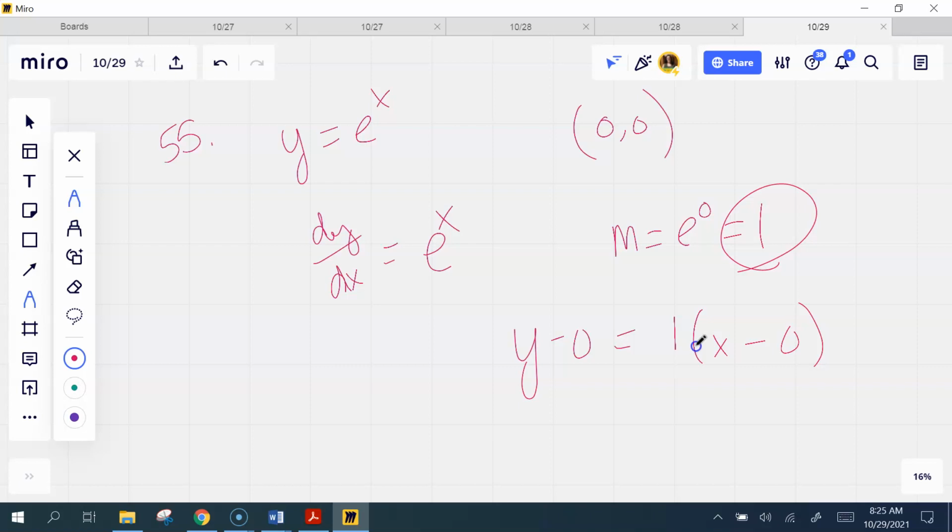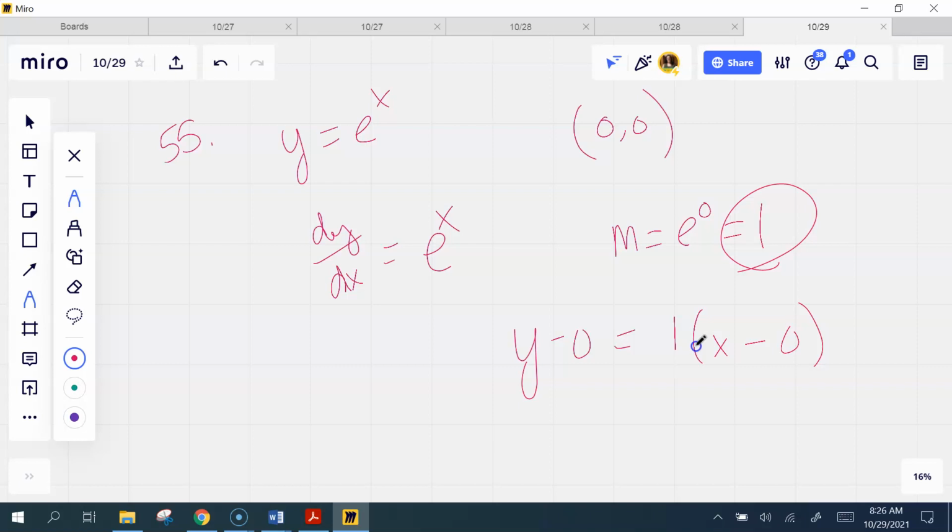Right? What did I do wrong? Find an equation for a line that is tangent to the graph y equals e to the x and goes through the origin. That's the one. They did y2 minus y1.